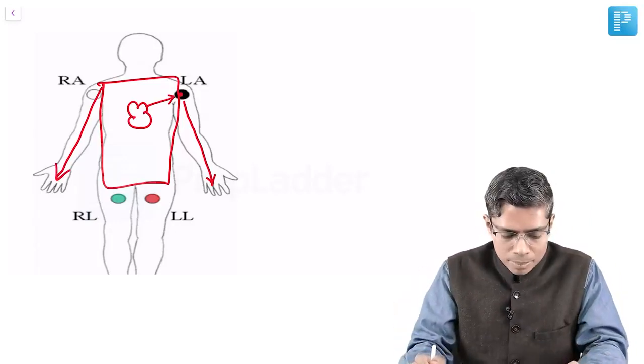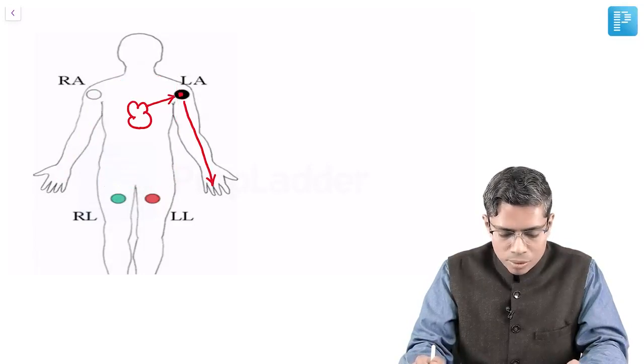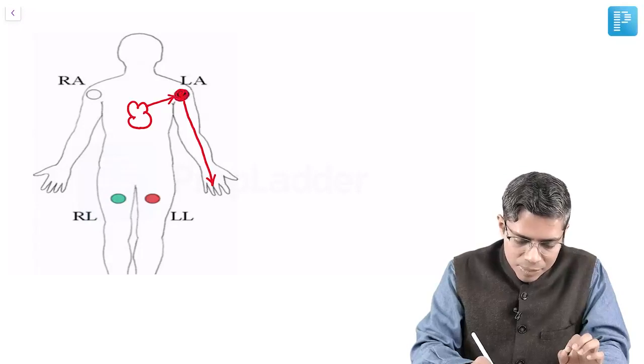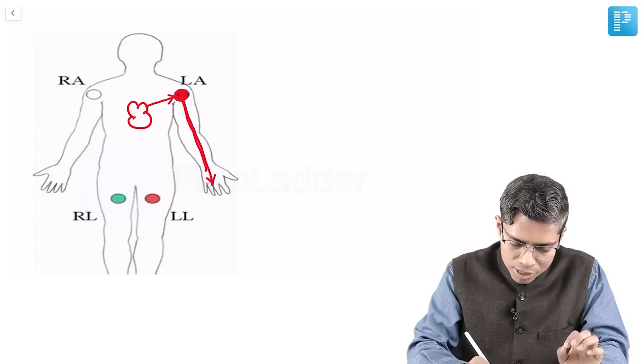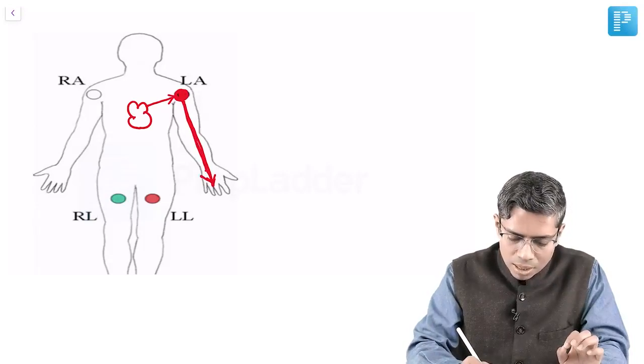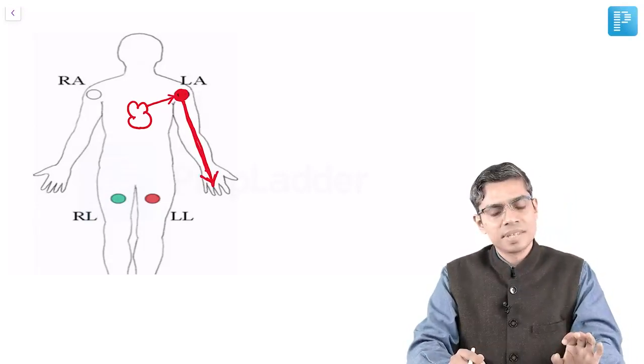What do you mean by that? Whatever amount of electrical current is reaching at this left acromion point, the same current is going to flow through this whole arm without any change.